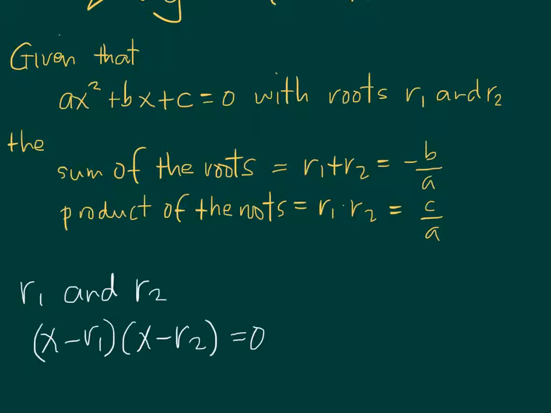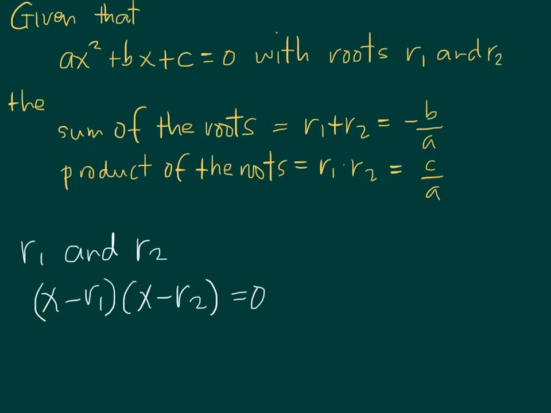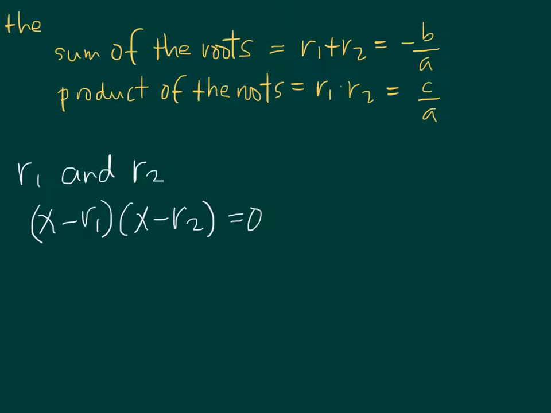So just to understand that, let me give you a concrete example. Suppose we solve a quadratic equation and it led us to the following roots, 3 and negative 2.